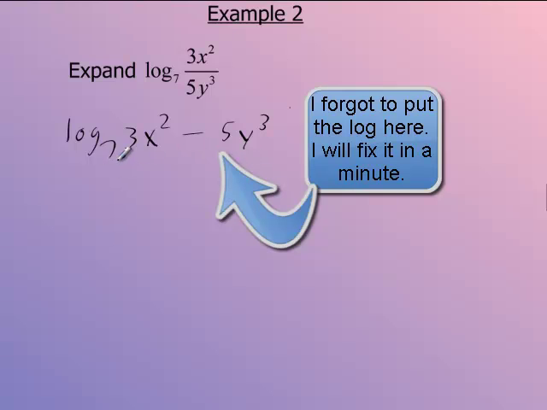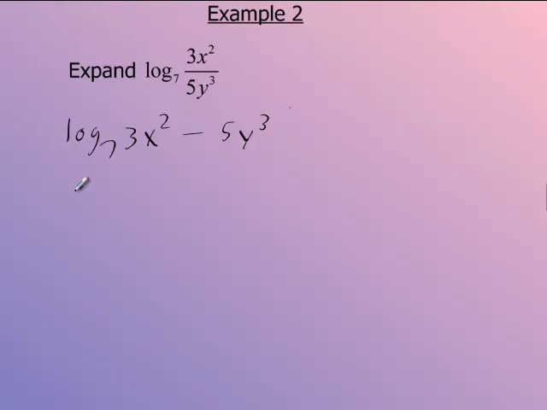And now I'm going to deal with the multiplication and use the product rule. So I'll deal with the 3 and the x squared since I'm multiplying those. Log base 7 of 3 plus log base 7 of x squared minus, and I neglected it, it should be log base 7 there.